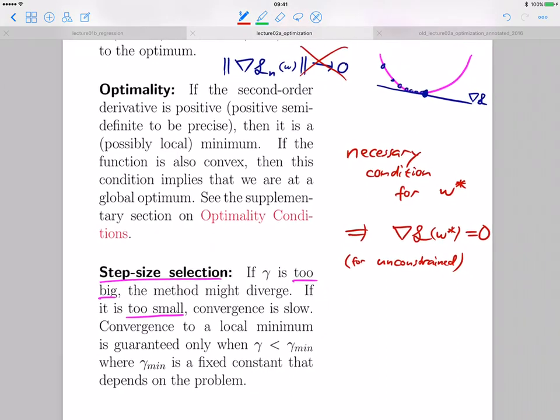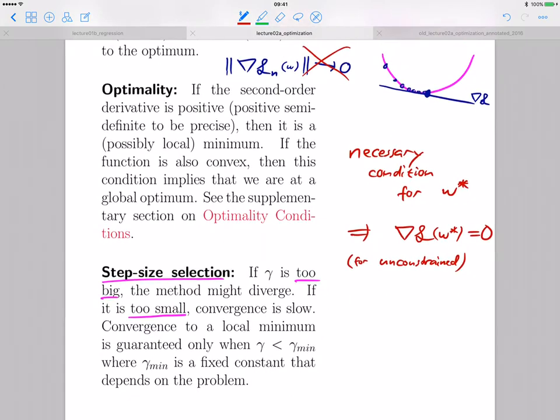If you want to read a bit more on this, in the appendix there is also a sufficient condition that you can check, which checks if the situation looks like this or like that. Here the gradient is 0. Here it's also 0. This one is convex, so that looks fine, right? But this is concave.